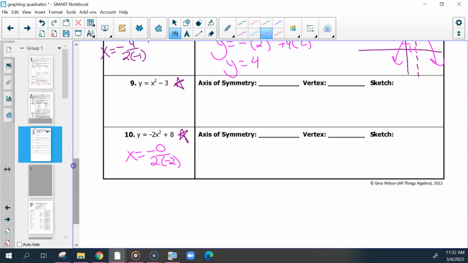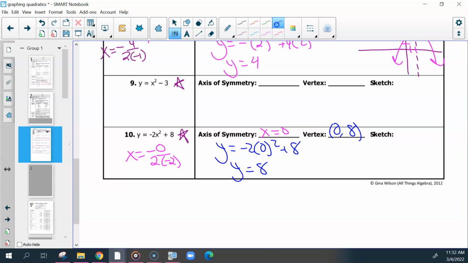But 0 divided by anything is what? 0. So our axis of symmetry is just going to be 0. If I put 0 in for my x, what would my y value be? 8. So our vertex would be 0, 8.